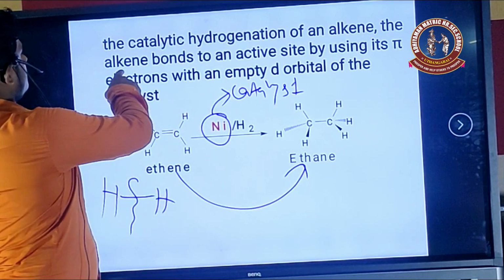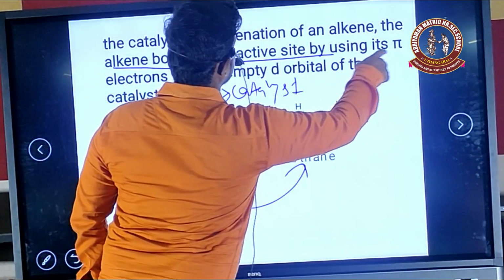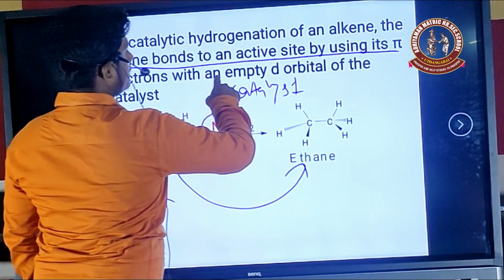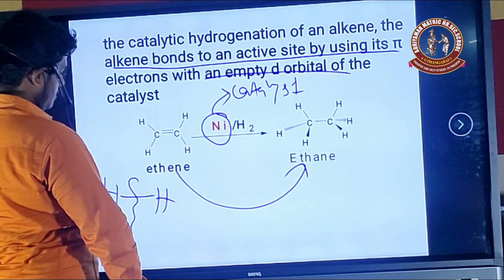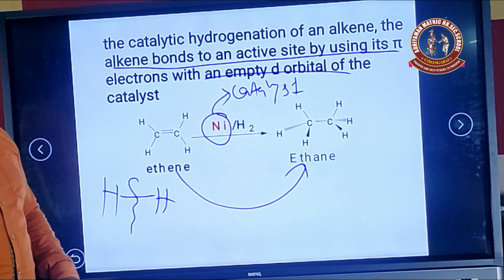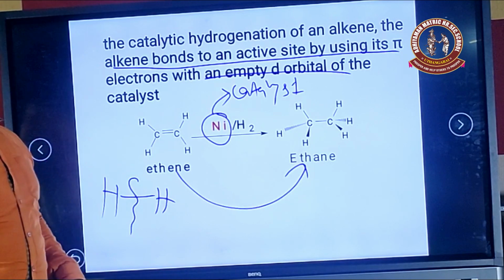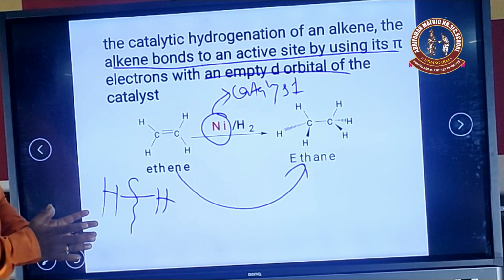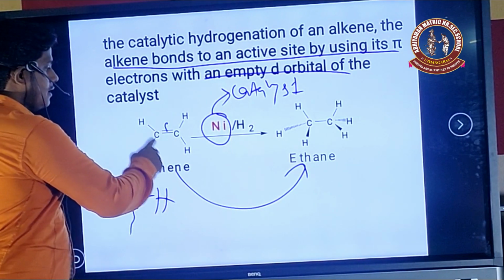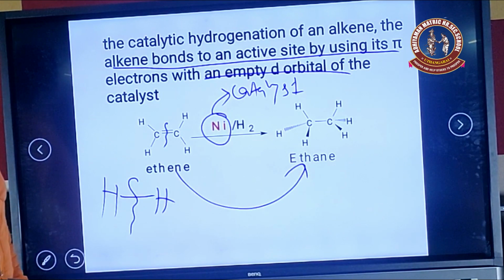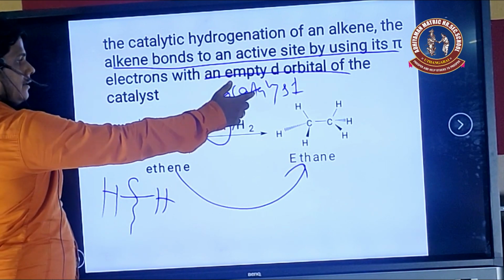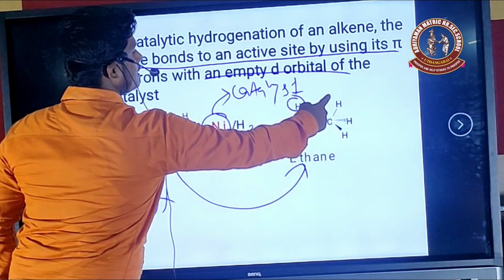Okay, the alkene bonds to the active site by using the pi electrons with the empty d orbitals of the catalyst. The hydrogen bond is broken and occupies the nickel surface, and then the pi bond is partially broken to form the alkane. That means these two bonds are formed.